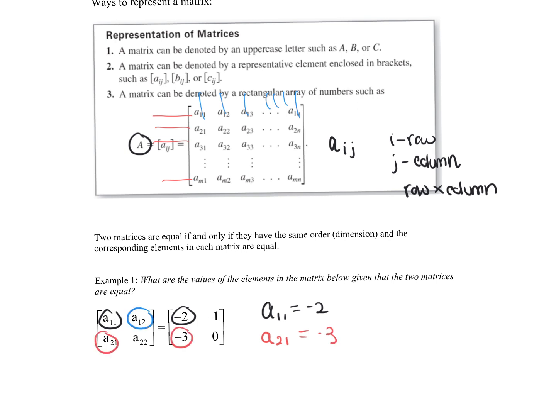A12, row 1, column 2 is -1. And A22, second row, second column. So you need to be able to identify, based on location, the value that coincides with that location in the matrix.